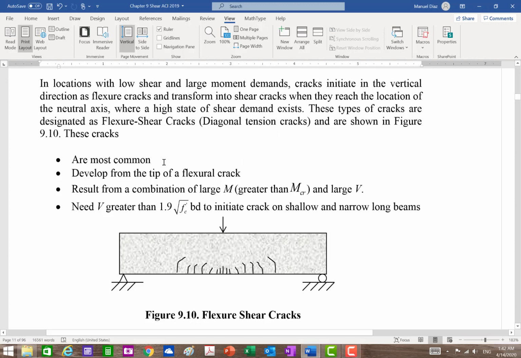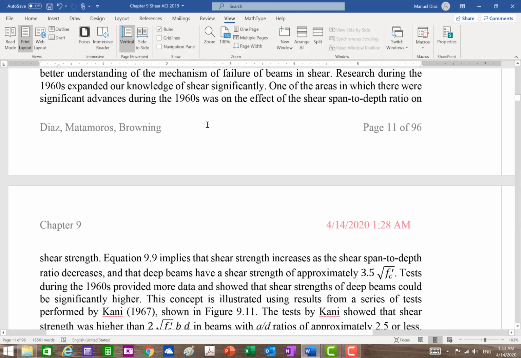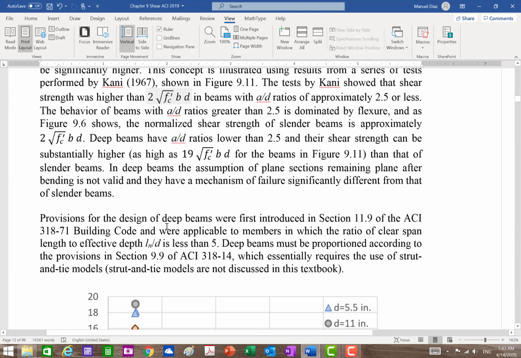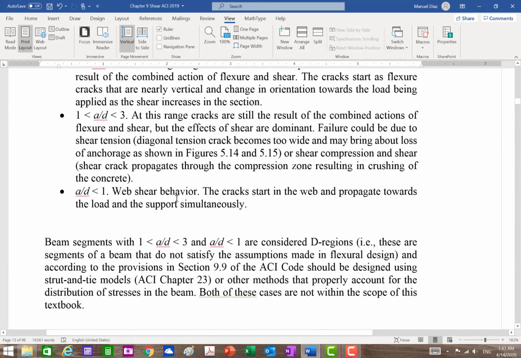These are the most common cracks you're going to see. They develop from the tip of the flexure crack, right? And again, it's large moment, right? In there. Need to have a V greater than 1.9, right, in order to initiate the crack. All right, so that's all you want to know there. This one right here, we don't have to do anything, nothing. Don't worry about this. Don't worry about any of that.